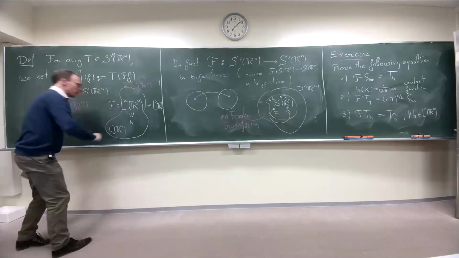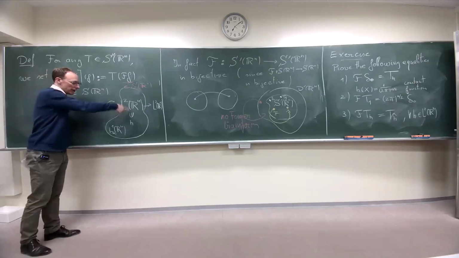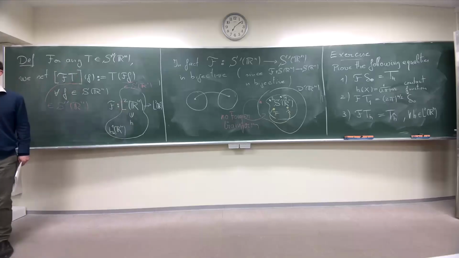So you remember T_h was defined for L1 loc, for a very, very big set of functions. So if h is in L2 and L2 is in L1 loc, this is well defined.